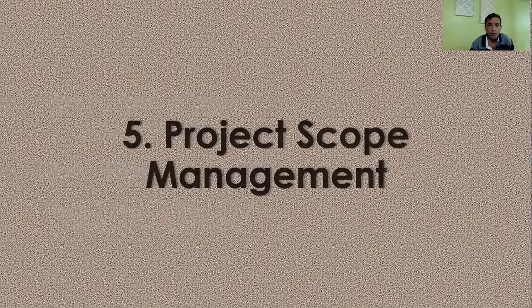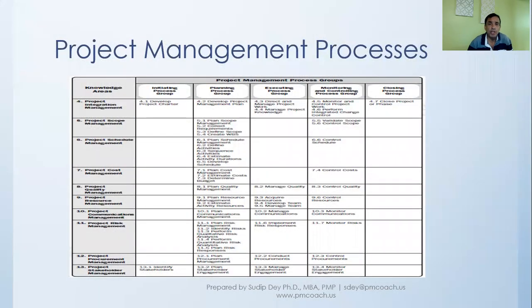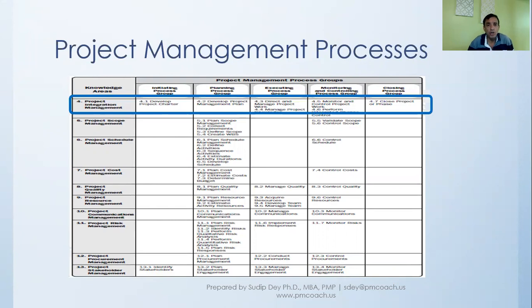So let's look at where we are, through this process table that we have been looking at. In our last two sessions, we did project integration management, and we saw that there are 7 processes.